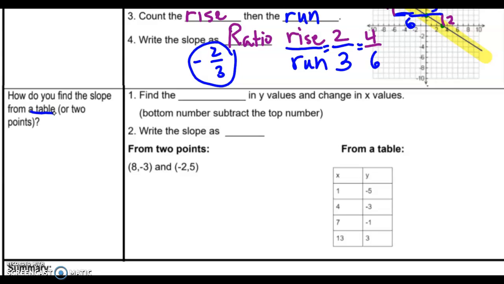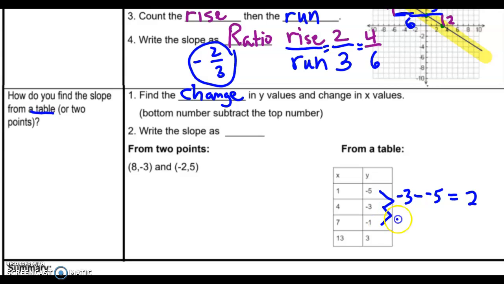So from a table, first thing you do is you find the change in y values. So the change from here to here. So I'm going to do negative 3, subtract, change, negative 5, and I get 2.